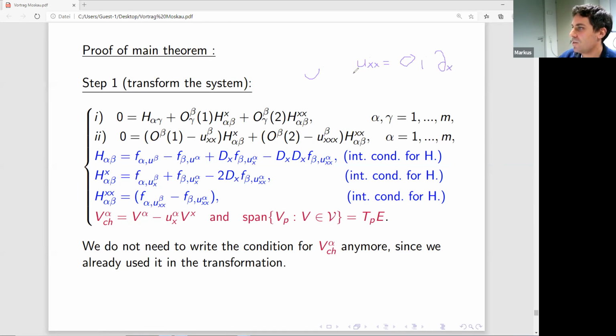But you can now equivalently write this equation as e^x times u_xx equals 0. It has the same solutions, just by multiplying it by some factor which vanishes nowhere. So it's now equivalent to this.